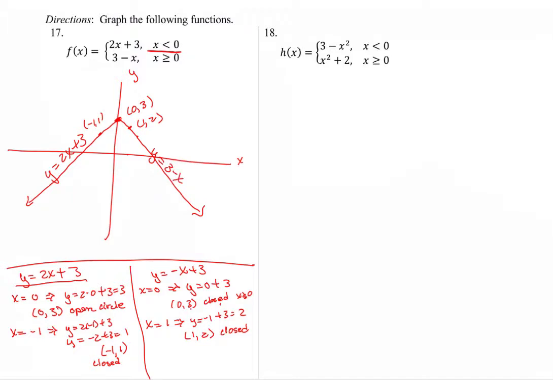And there's our graph. And that's all you do. So you just take it a piece at a time. This function is actually continuous. It's continuous because both lines go through 0, 3.